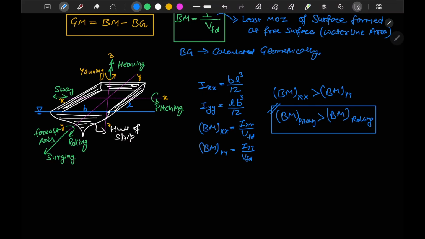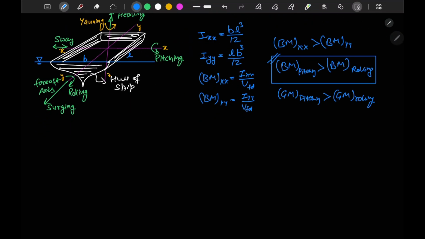We see that GM is equal to BM minus BG. Since BM of pitching is greater than BM of rolling, if we substitute here, GM in pitching is greater than GM in rolling.